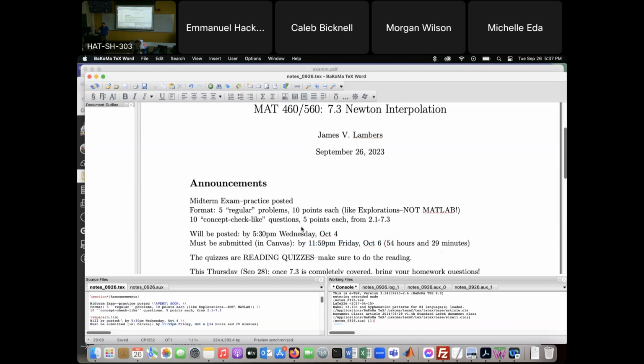Now the practice that I posted in Canvas only includes problems for this part, the regular problems. The reason is that for the other part, you should look at the concept checks, look at the quizzes. Those are the kind of questions you can expect.